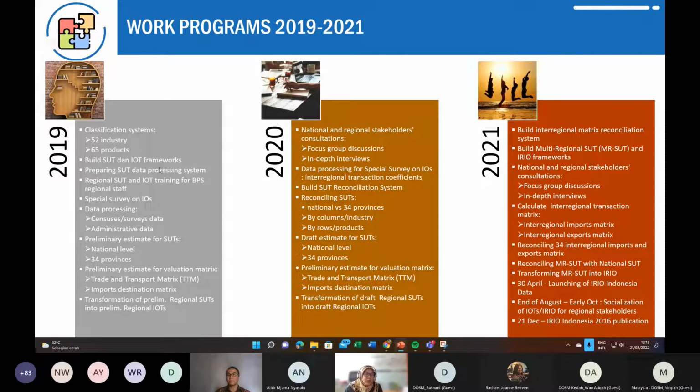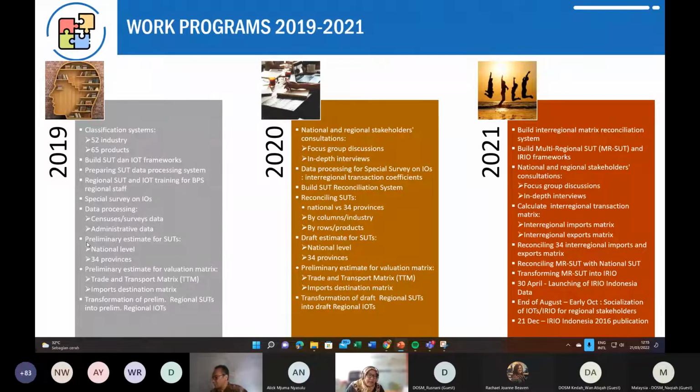We also need to have a regional training for BPS regional staff in compiling the SUT and IO table. And then also we launch a special survey on input-output interrelationship between region. And then there is also data processing for census and survey data that we collect. And also we use some administrative data from the ministries or institution in Indonesia.